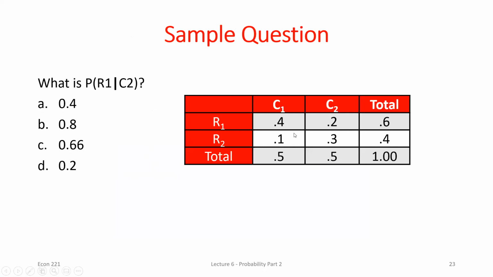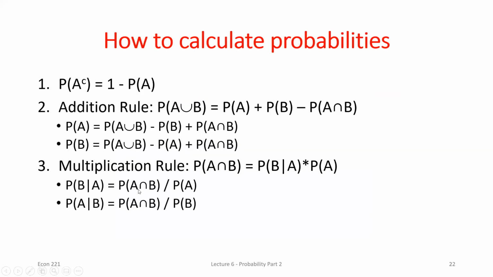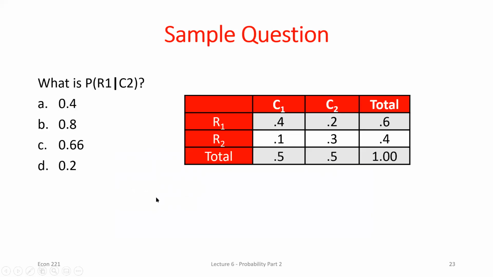So with those in mind, what if I wanted to find the conditional probability using a contingency table? Well, I know that I should be able to rewrite a conditional probability as the intersection of the two events and then divide by what I'm conditioning on. So if I use that, how can I find this conditional probability? It'll be the intersection of these two events, which would be what? If I want the probability of R1 and C2, what would that be from this contingency table?